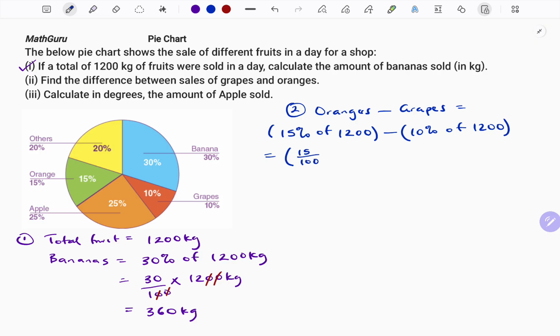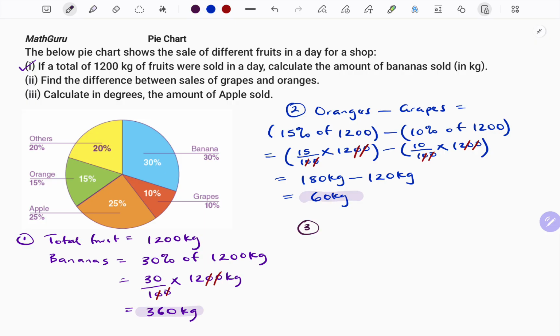I'm changing my percentage to fraction of, that's multiplying 1,200 kilogram, minus 10 over 100 times 1,200. I'm going to take out my zeros to make my computation easier. So I have that as 15 times 12, that's 180 kilogram, minus 10 times 12, 120 kilogram. And the difference will be 60 kilogram.